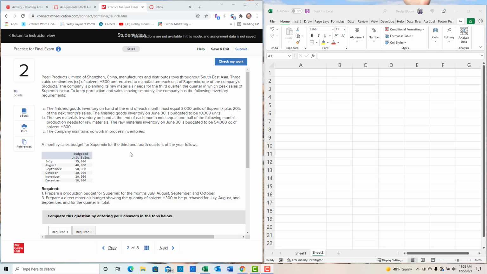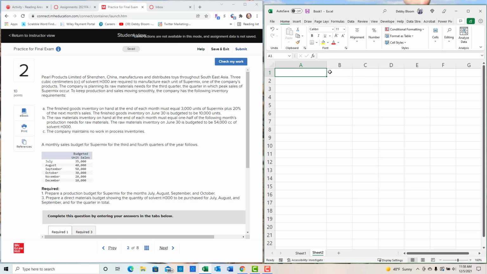So in requirement 1, we're supposed to prepare a production budget for Super Mix for the months of July, August, September, and October, and then prepare a direct materials budget showing the quantity of solvent H300 to be purchased for July, August, and September, and for the quarter in total.